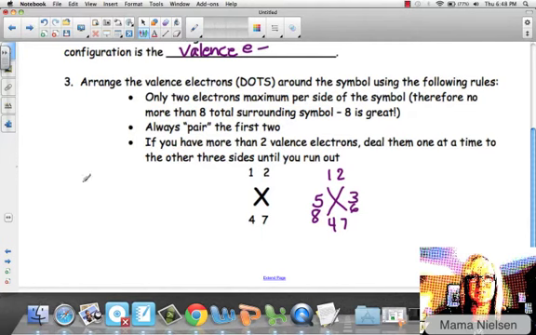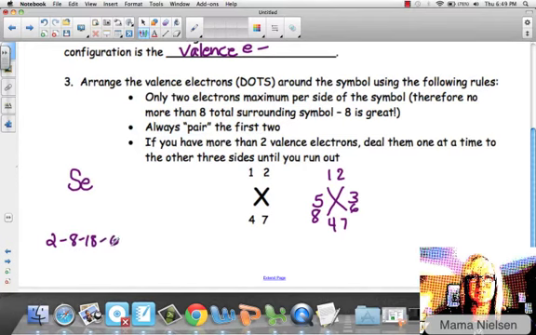So let me show you how we do this. In an example, let's take selenium, Se. Selenium, if you look at the electron configuration, says 2, 8, 18, 6. So its configuration is 2, 8, 18, 6.